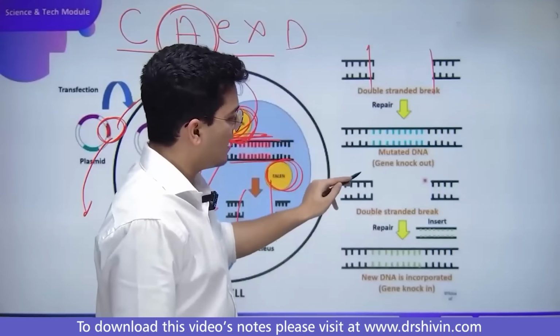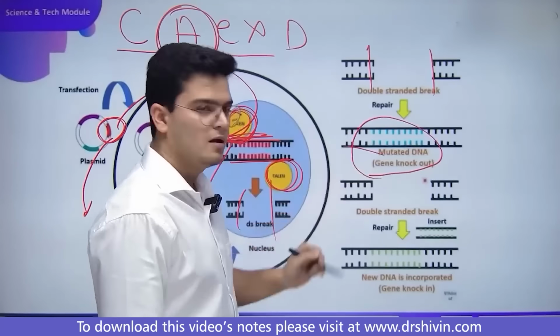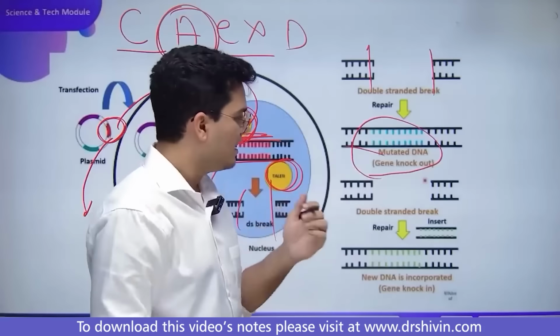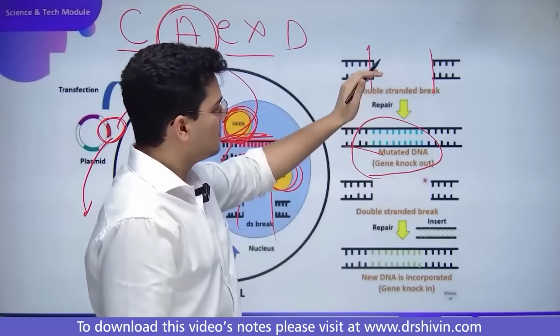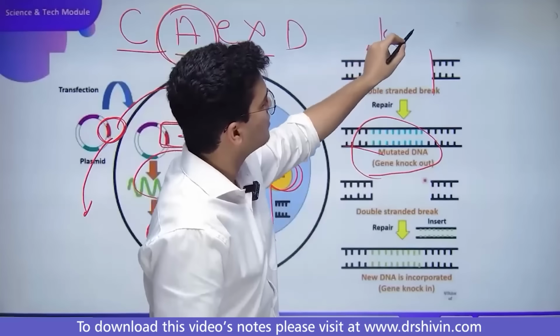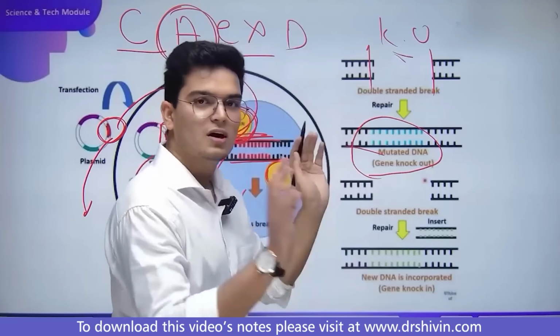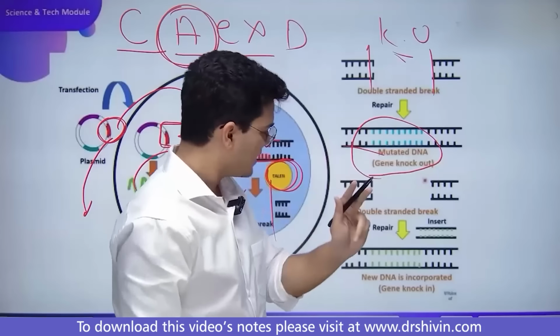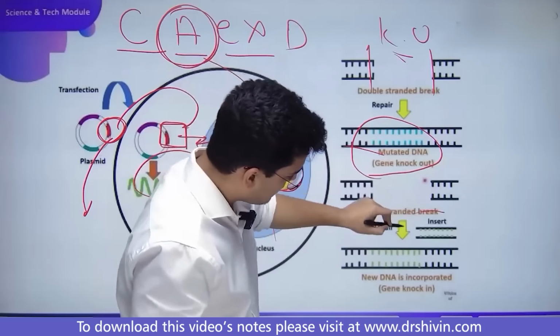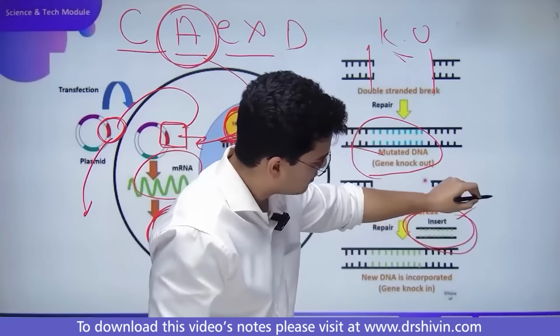One option is I will let the natural repair happen, mutated DNA, right? It will mutate and the natural repair will happen. What is this called? This is called knocking out the gene. The original gene is now knocked out because natural repair happened and mutation happened. Second is I can insert the gene, right?